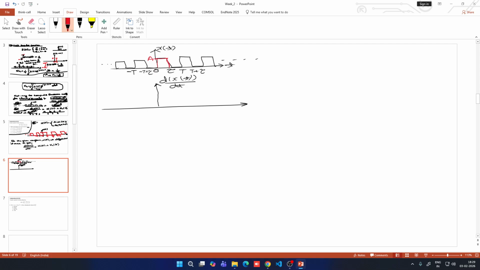So when we take the differentiation, at 0 it will be an impulse of amplitude a, and at tau it is an impulse whose amplitude is in the negative direction. Between 0 and tau it is 0, because if we differentiate a constant it becomes 0. Again at t there is an impulse of amplitude a, and this will repeat.